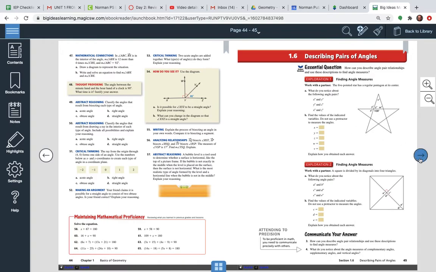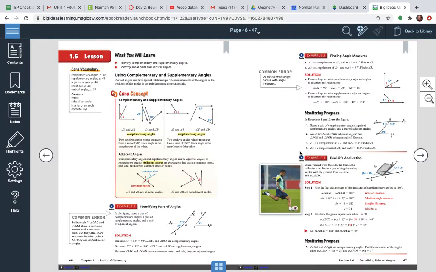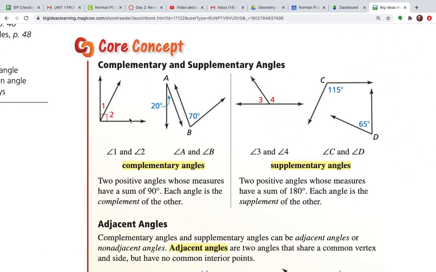Describing pairs of angles. So this is all about special angle pairs. Complementary angles, supplementary angles, adjacent, linear, and vertical angles. So, complementary angles, and this is going to take more than one view to really get these down. So don't feel bad if you need to come for more information or if you need to watch this video 2 or 3 times.